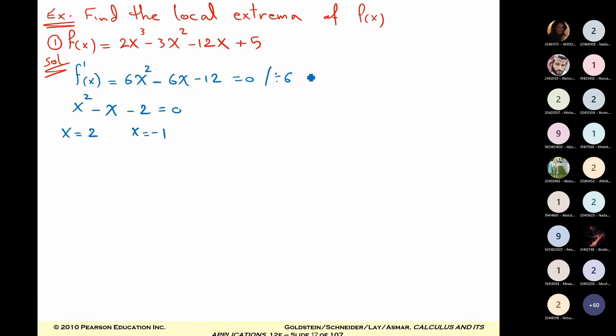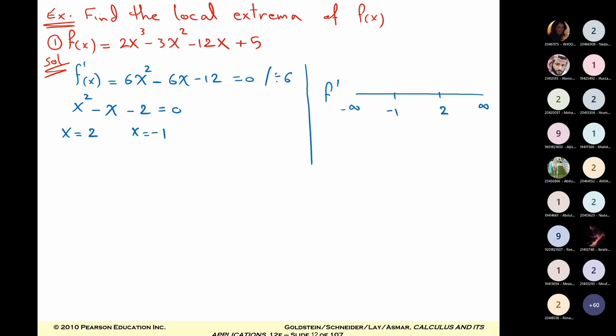Now, after that, we need to find f prime from minus infinity to infinity. We have negative 1 and 2. Now we have three regions: from minus infinity to negative 1, from negative 1 to 2, from 2 to infinity.